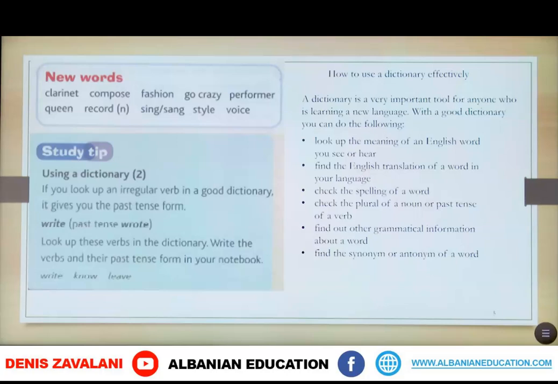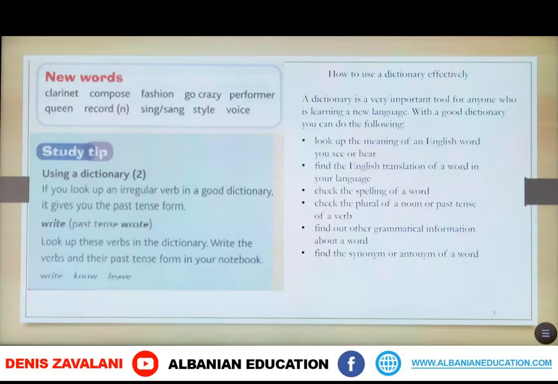So how to use a dictionary effectively? When you use a dictionary, it's a very important tool actually for someone who is learning a new language. With a good dictionary, you can do the following. You look up the meaning of an English word you see or hear.